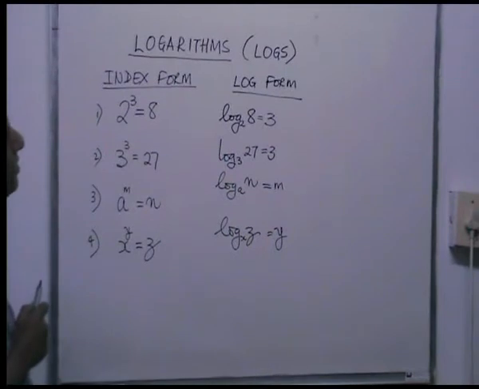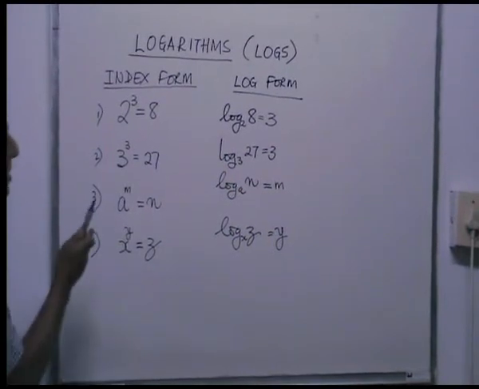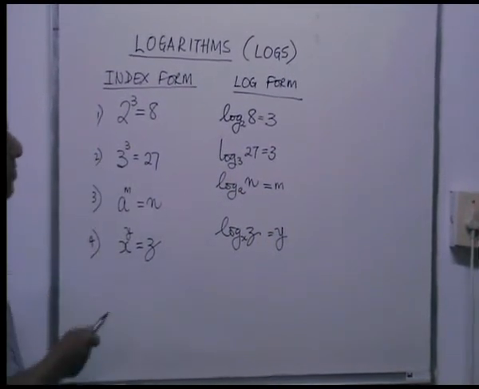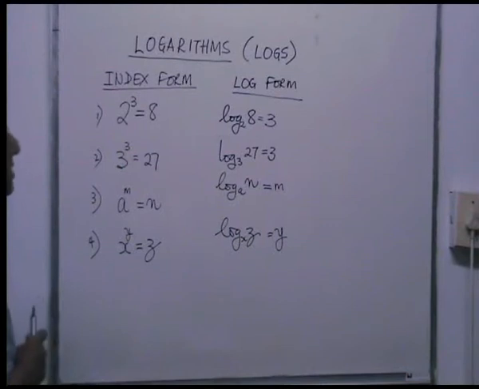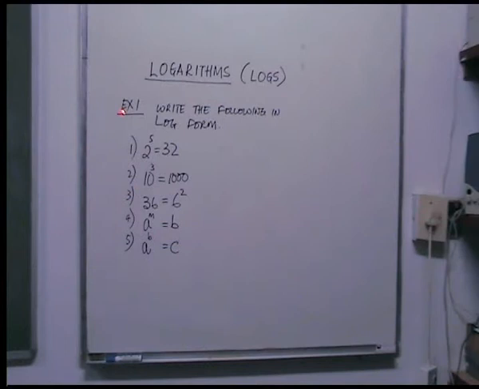Alright, so I'm going to give you a little exercise now where I will give you the questions in index form and you must be able to write them in log form. Alright, here we have exercise 1. You are required to write the following in log form. Number 1, 2 to the 5 is equal to 32.